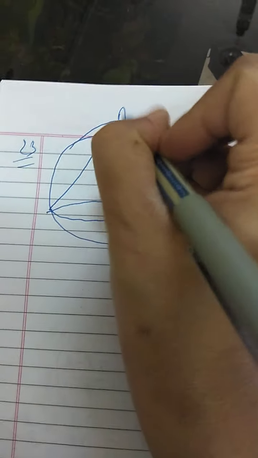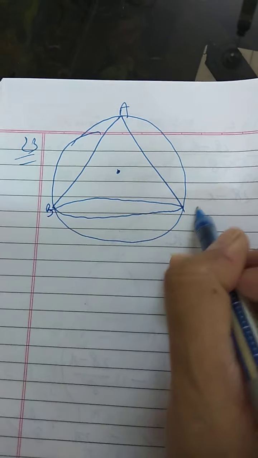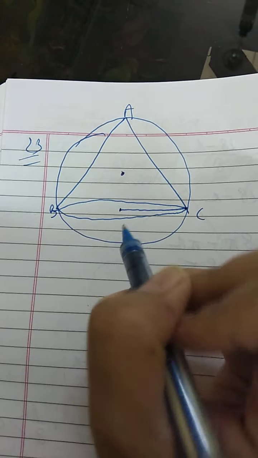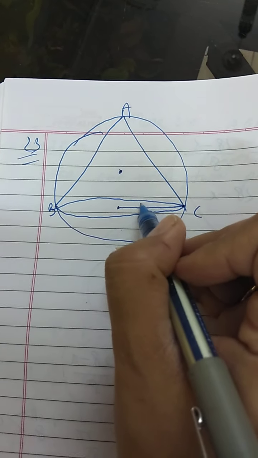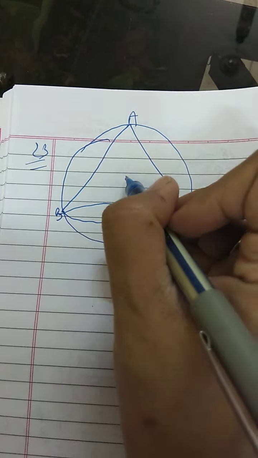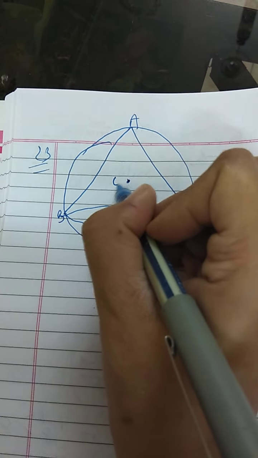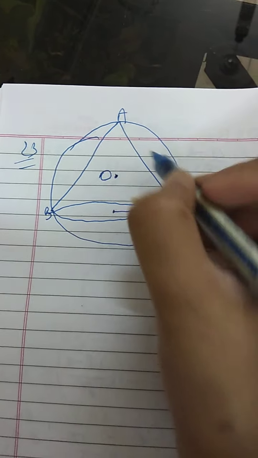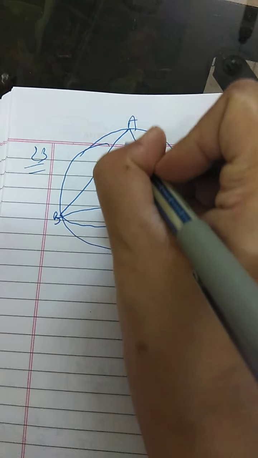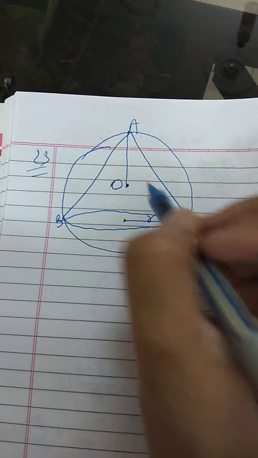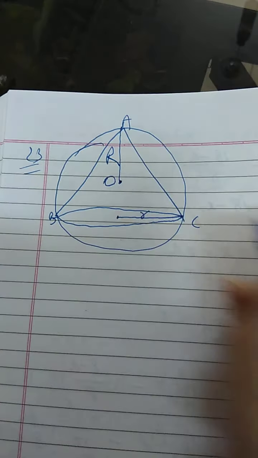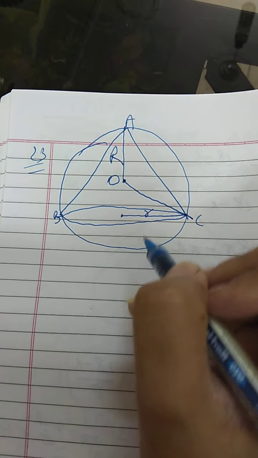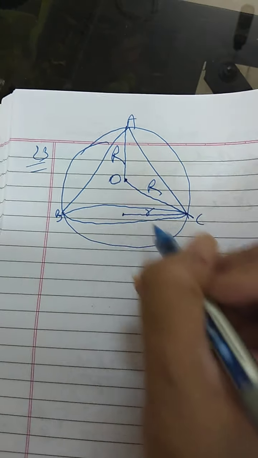So if this is the cone ABC, and I take the base of the cone, the radius is r. This radius of the sphere is given as capital R, so this OC is also the radius of the sphere. This will also be capital R.